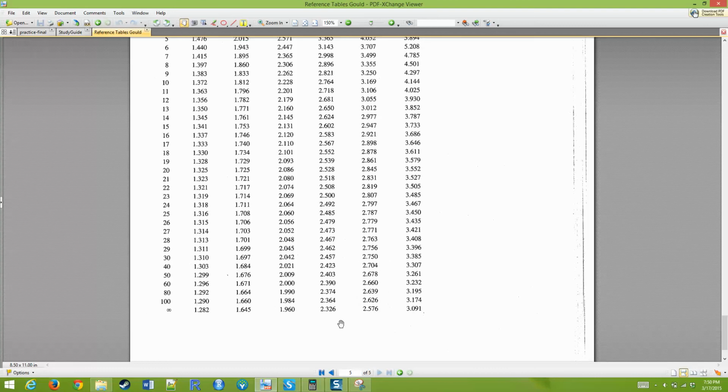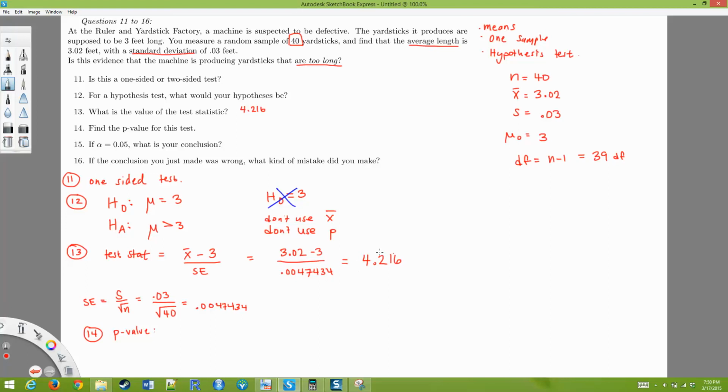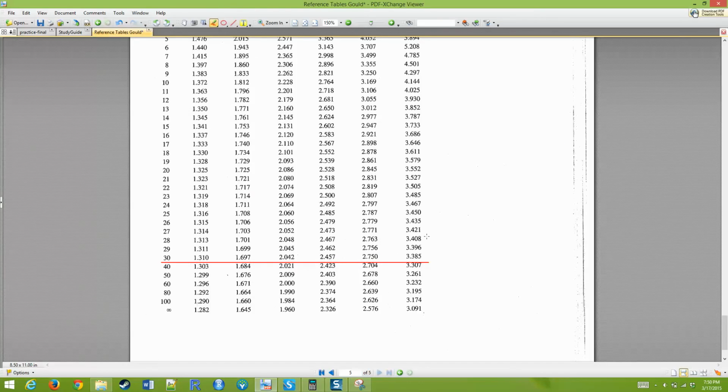Okay? And I'm going to see where in this row, for 30 degrees of freedom, where does the number 4.216 fit? Okay? Well, 4.216 goes all the way over here. 4.216 is bigger than 3.384.